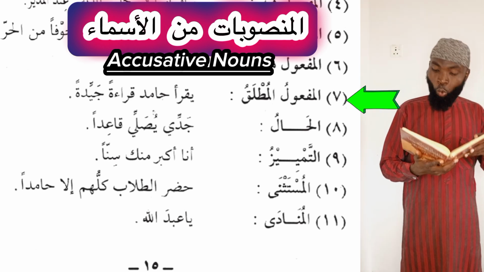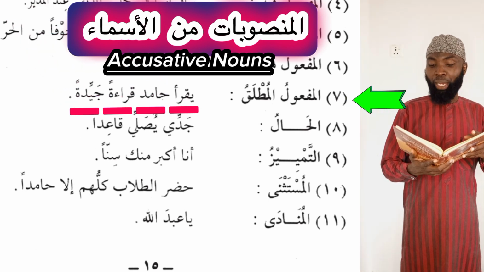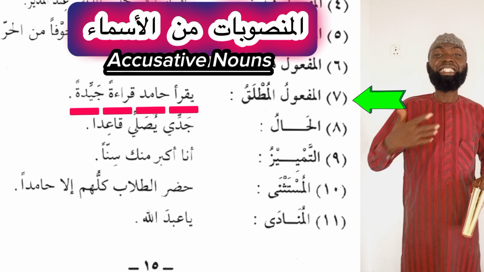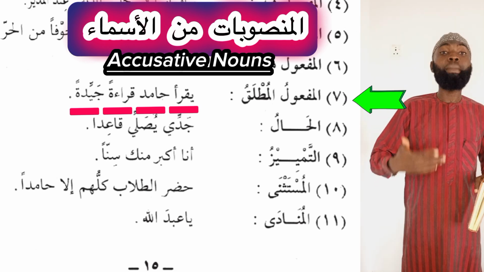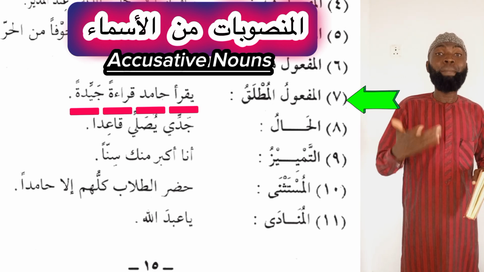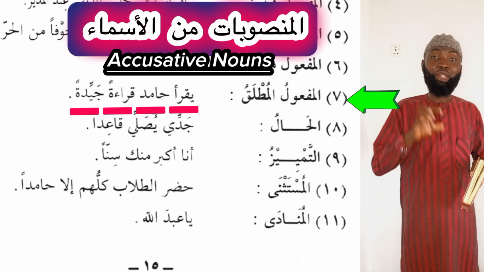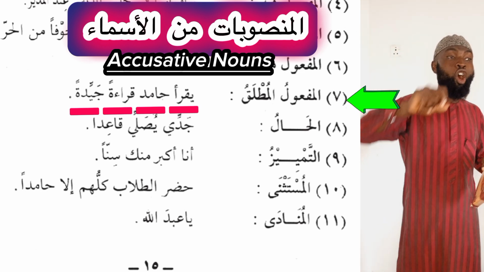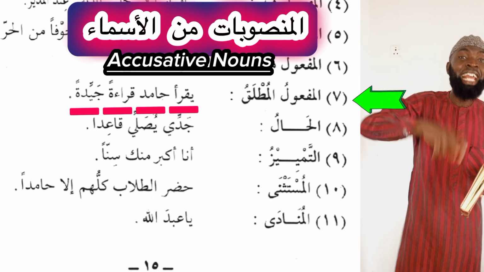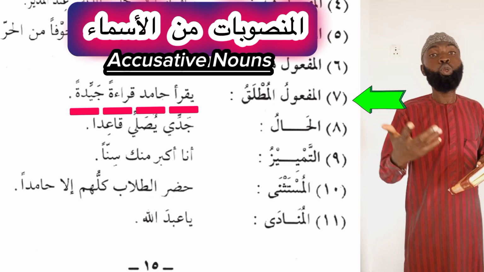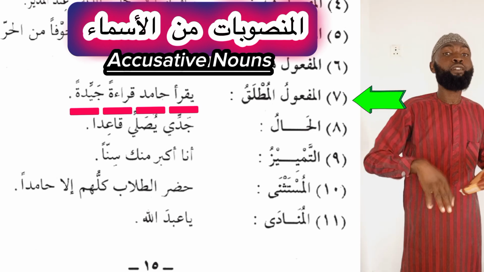Yes, we have "yaqra'u hamidun qira'atan jayyidatan": Hamidun is reading a nice reading, meaning he's reading nicely. The word qira'atan there is called the maf'ul mutlaq, the absolute object of emphasis.